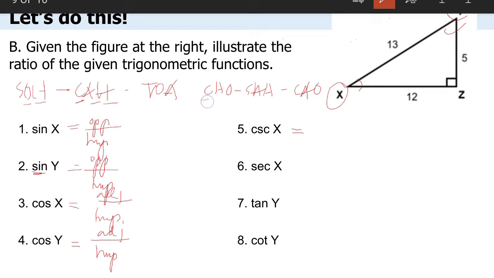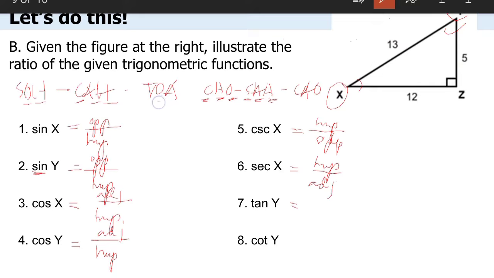So, cosecant means hypotenuse over opposite, by the way. The reciprocal of cosecant is sine, so it is interchanged. Second, the reciprocal of secant is cosine. So, secant is hypotenuse over adjacent.